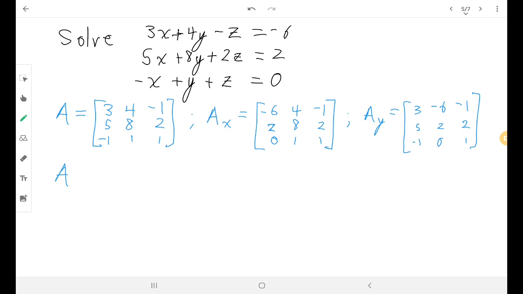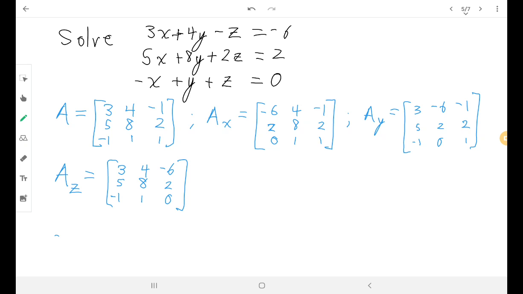And matrix A sub z is copy the first two columns, 3, 5, negative 1, 4, 8, 1, and replace the z column with the answers. So negative 6, 2, 0.